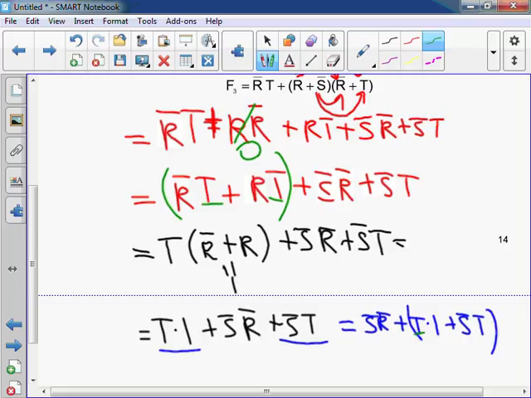Take a look. Once again, I can take t out, and then I will have 1 plus not s inside. But that is actually one of our theorems too. 1 plus not s always gives you 1, because this is an OR gate, and one of your inputs is always 1, so the output always has to be 1.